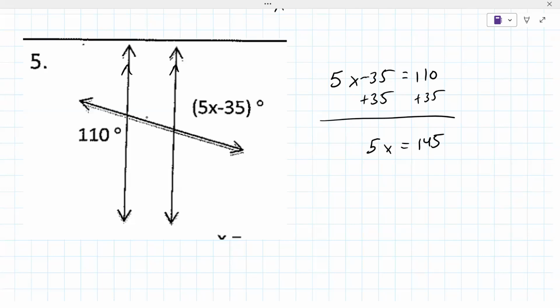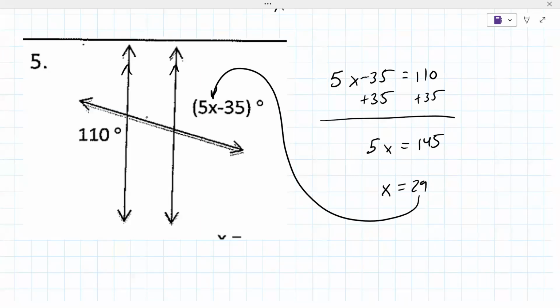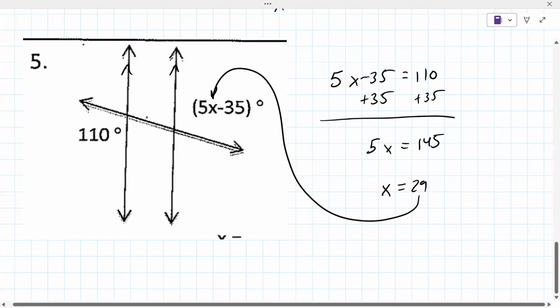What is the x value? 29. Yes, x is 29. Good. Now to see if that works, you can put it back in for x and hopefully you get 110 degrees. If you want to. You don't have to.